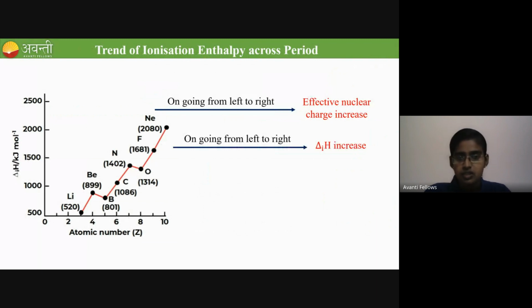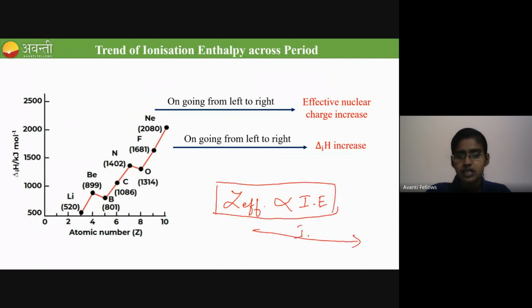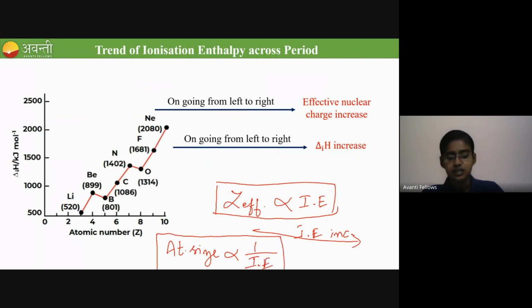So the effective nuclear charge is directly proportional to ionization enthalpy. So across the period, ionization enthalpy increases. Ionization energy is just the opposite of size. So the relation between atomic size and ionization energy is that they are inversely proportional. Across the period, size decreases and ionization energy increases. They are inversely proportional to each other.